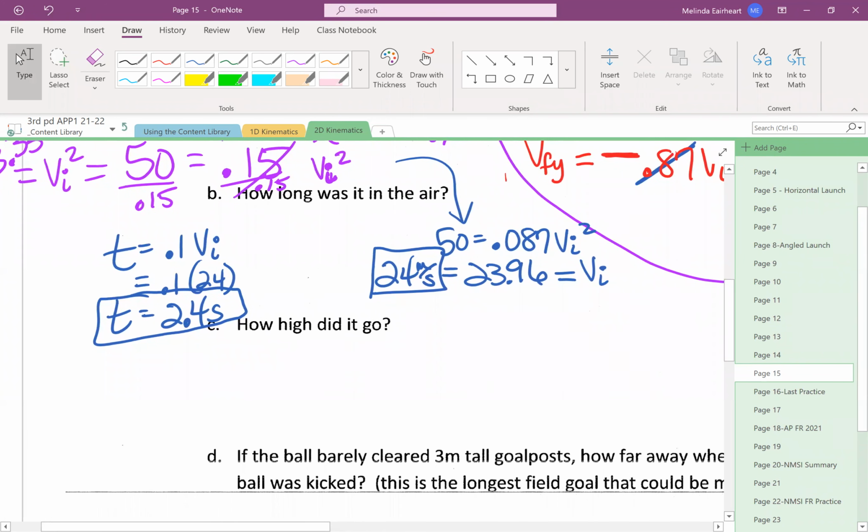How high did it go? Remember, this one's symmetrical. This is a peak vertical position, right? So if it's symmetrical, how do I find the time up? I know the whole thing takes 2.4 seconds.